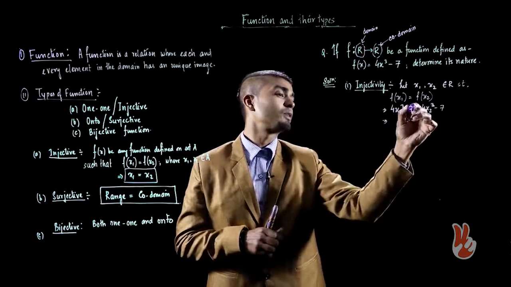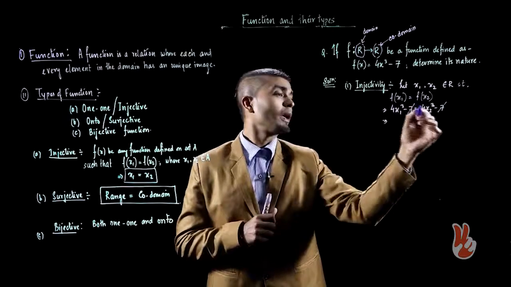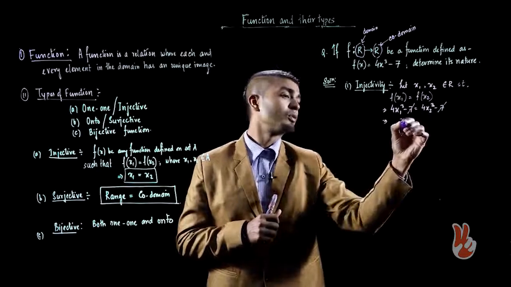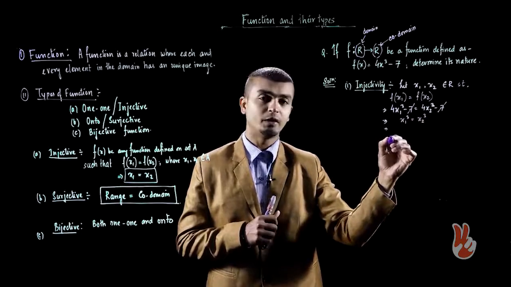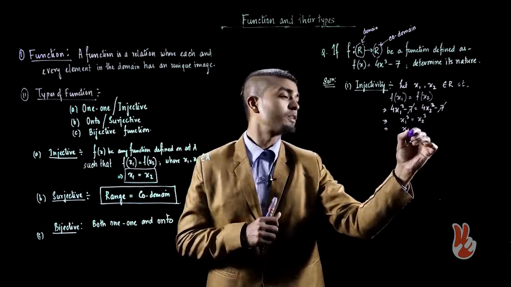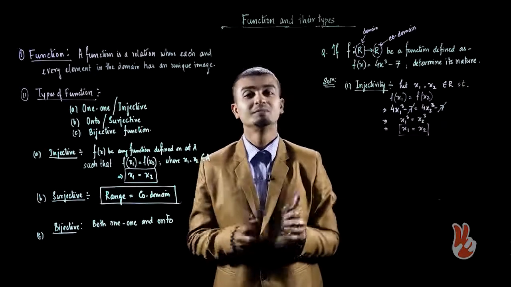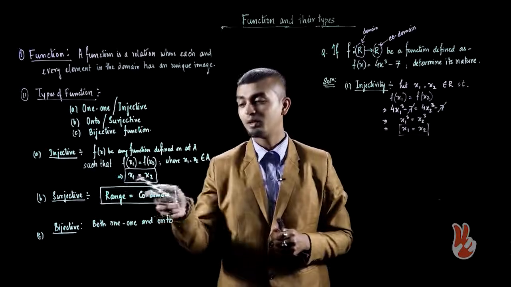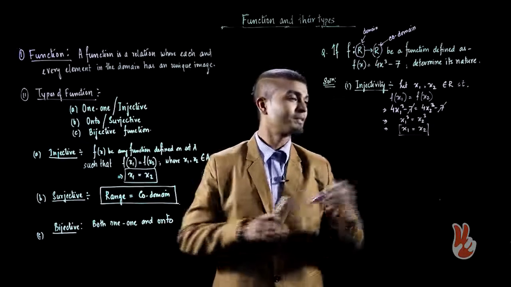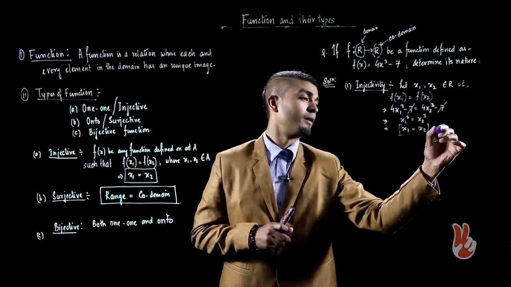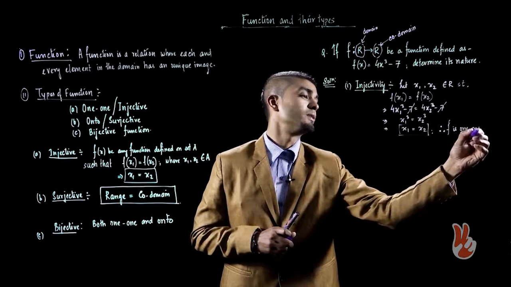If I solve this equation, this minus 7 cancels from both sides. Again, the 4 and 4 will be cancelled out. So, the equation will get simplified to this form. Now, if we solve it, then one of the solutions of this equation will be x1 equal to x2, which is the necessary condition. As I have already written, x1 equal to x2 signifies that the function is injective. So, therefore, f is one-one or injective.